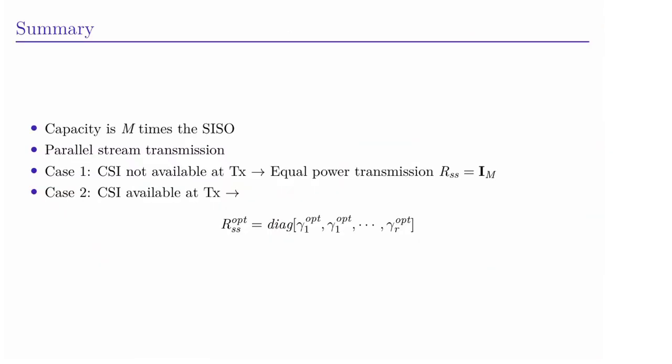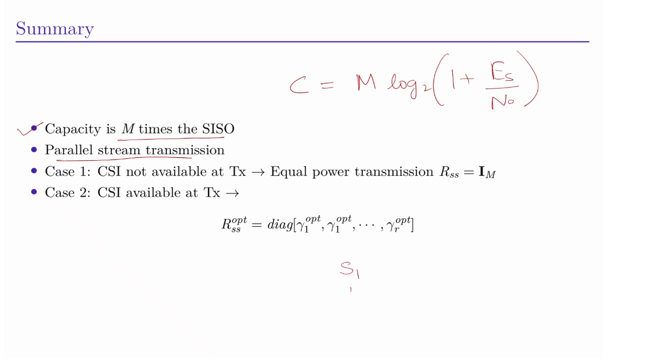Okay, let us summarize what we have studied. We have seen capacity is M times C, so we can write capacity as M log 2 (1 plus Es by N naught). Then we have parallel stream transmission, which can be illustrated in this particular form.